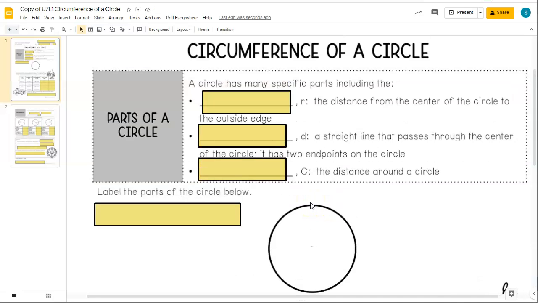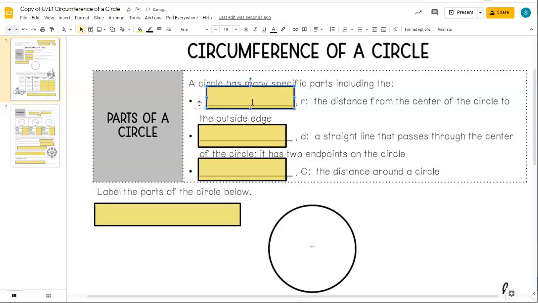Now, there are some important names to go with that. The distance from the center to the edge, to the points that actually make up the circle, is called the radius. The radius tells you how big a circle is by measuring from the middle to the edge, and that distance has to be the same in all directions.